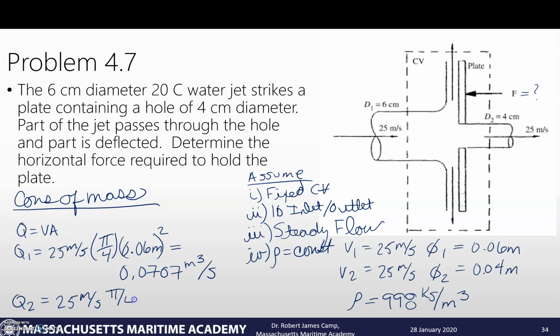The area is pi over 4 times 0.04 meters squared because it's a smaller hole. And so we get a volumetric flow rate of 0.314 cubic meters per second. And then the rest of the mass flow rate is leaving the control volume at these 2 points. We're not calculating that out because we really don't need it, because we're only looking at the horizontal force.